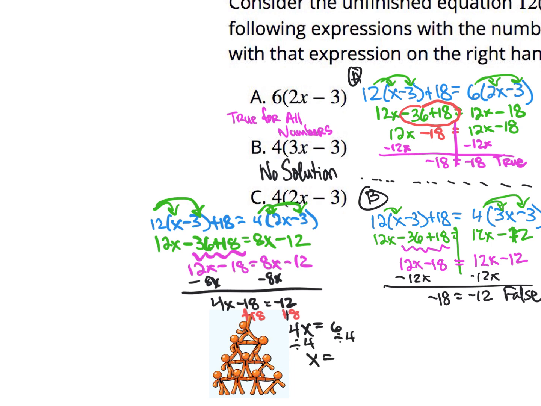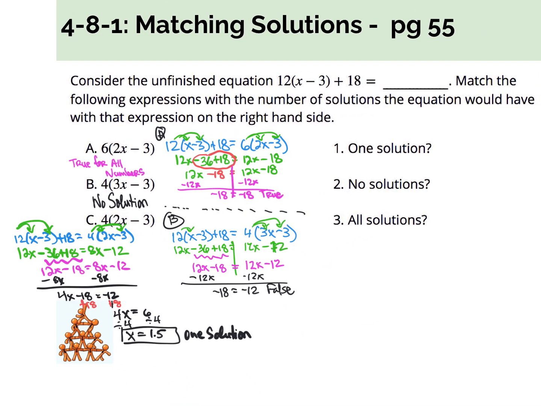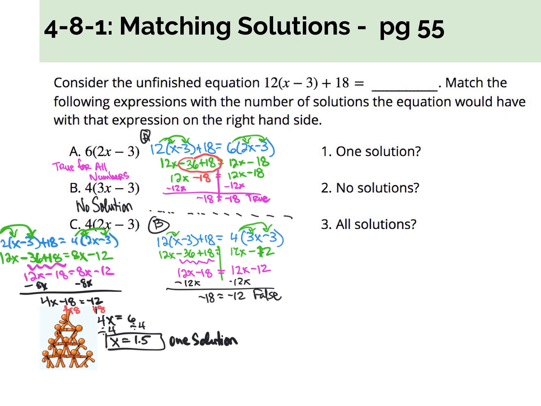So 6 divided by 4 is 1.5, or 3/2. So what does this mean? This is one solution. So C is one solution, meaning that 1.5 is the only number that will go into the equation to make it true. So it's kind of a little different. It is kind of a review of what we did yesterday, but make sure you understand it. We're going to do some more of it in a bit.